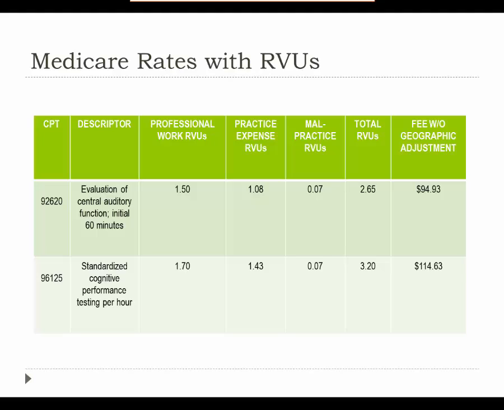Note that the professional work RVUs for 92620 are 1.5. The practice expense RVUs are 1.08, and the malpractice RVUs are 0.07. These RVUs are totaled to reach 2.65 RVUs.